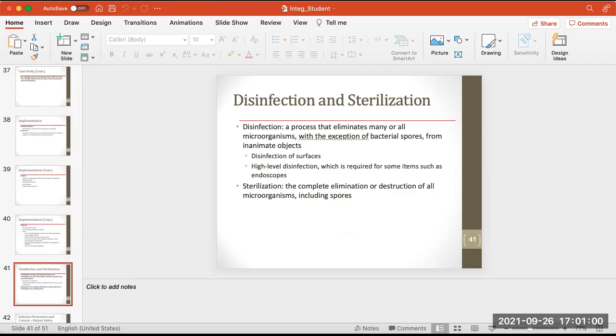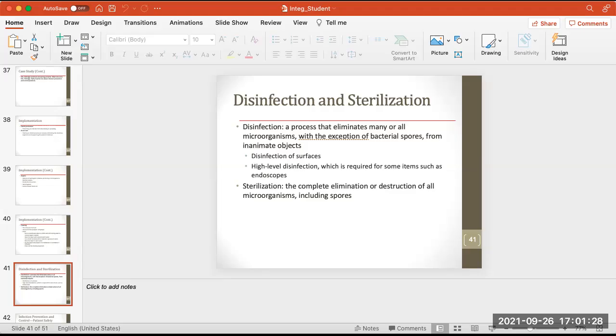Disinfecting is not killing the bacteria, but eliminating the microorganisms as much as possible. In disinfection, if there are spores, they will still be present, not completely gone. But in sterilization, there is complete elimination or destruction of all the microorganisms, which includes the spores also. And how do we sterilize?